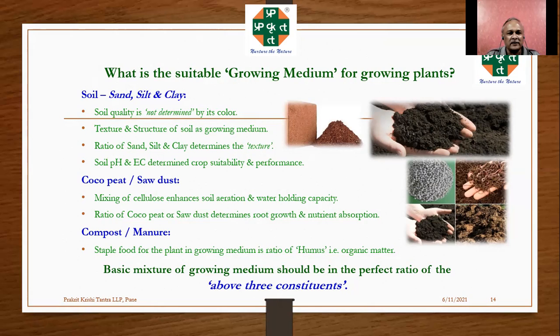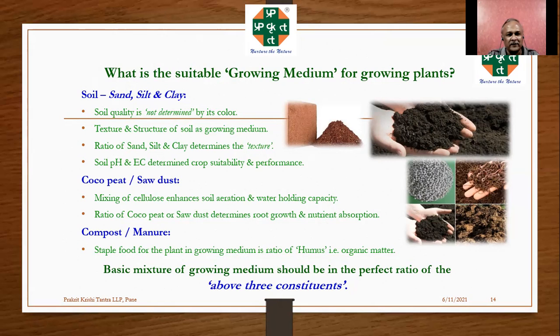Next is the pH and EC, which I've already explained earlier, and which are important because pH and EC are two sides of the same coin. pH determines the availability of nutrients. Nutrients may be present in the soil in abundance, but whether they are available to the plant or not will be determined by the pH range. Every plant has its own ideal pH range.